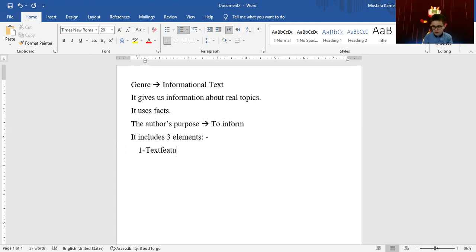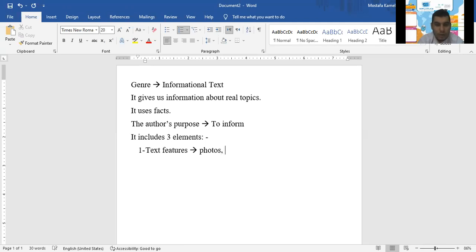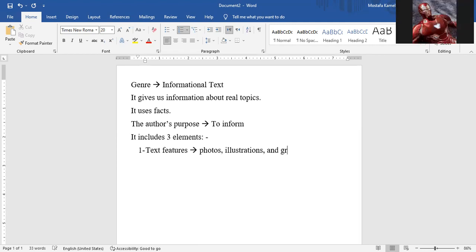Features. What are the text features, Muhammad Walid? Photos, illustrations, graphs, drawings. Very good.